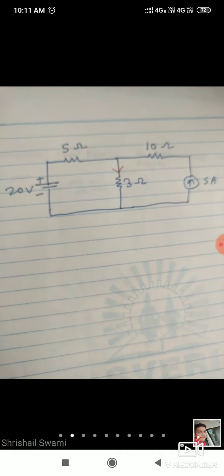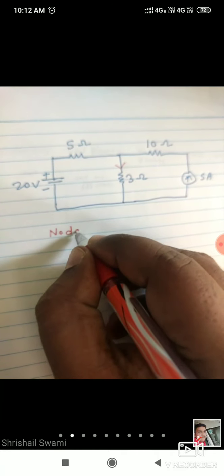So I will try that one. 5 ampere, this will be the 20 volt, 3, 10, 5 and 20 volt. Suppose you need to find out this current. Find current passing through 3 ohm. If SPT is not mentioned like this, then how to find? Use simple nodal analysis.